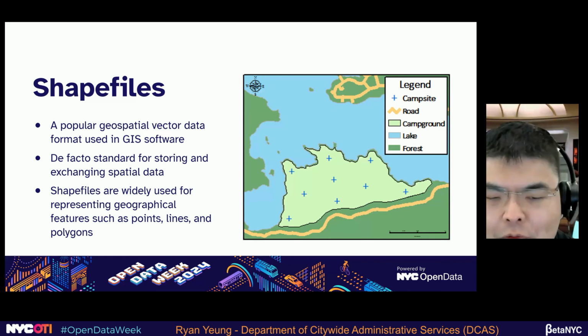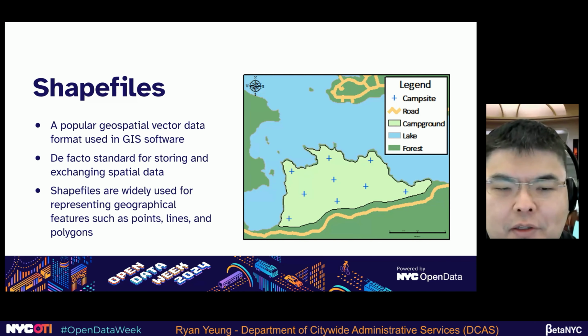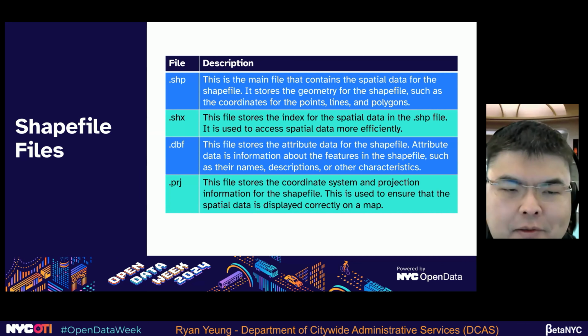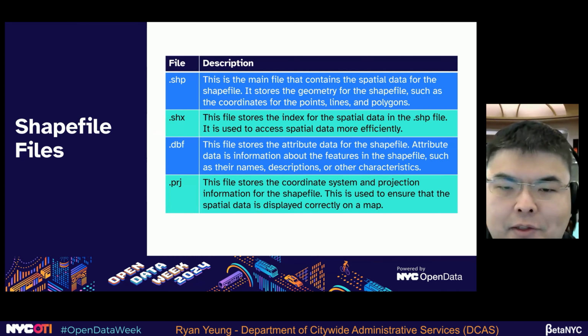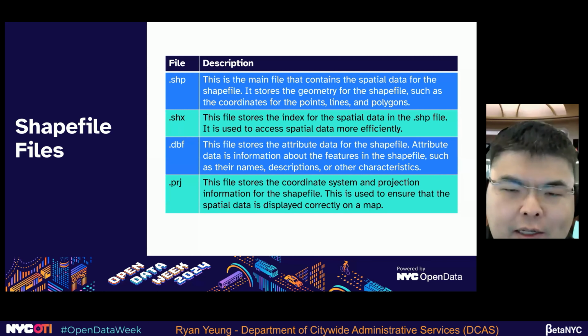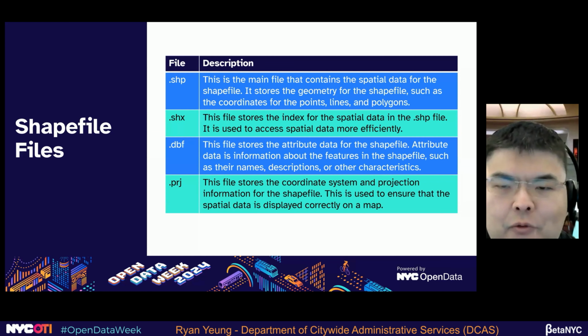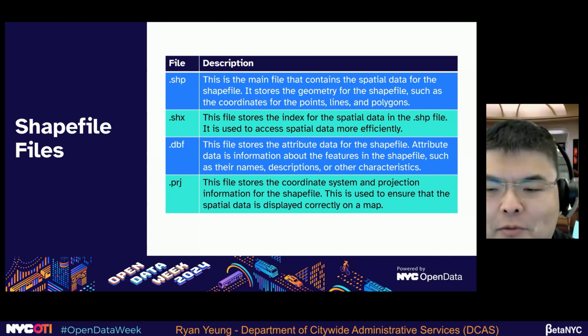And they're widely used for representing various geographical features such as points, lines, and polygons. So the shapefile, it's actually files. So there's multiple files, right? And this table summarizes what some of the files that you extract in the shapefile actually mean. It's not essential that you know all this, but just for reference.